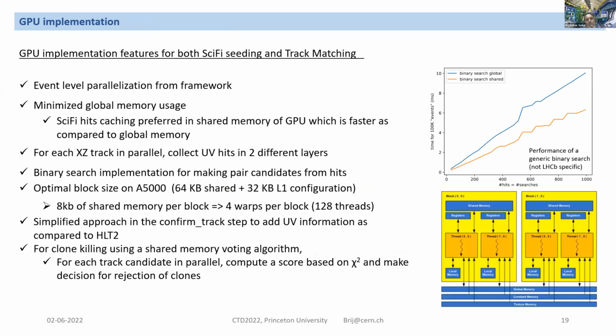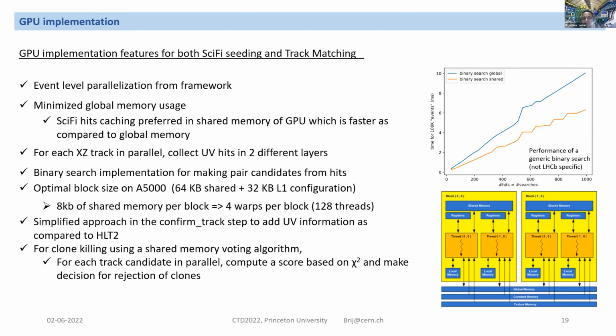Some features of these 2 algorithms, how they have been implemented on the GPU: we have the Allen framework, which provides us the event-level parallelization. Then we have minimized the global memory usage by using the shared memory of the GPU, which is much faster as compared to the global memory, and carried out some studies, and we have seen that the binary search algorithms are much faster if we are able to use the shared memory.